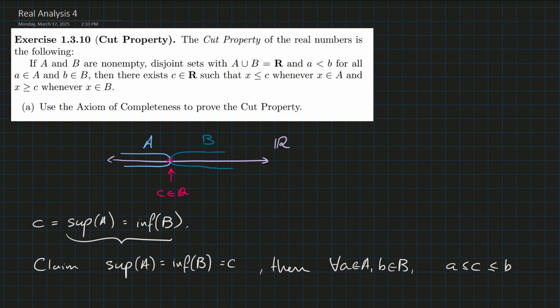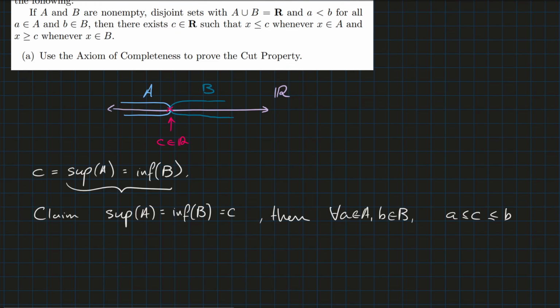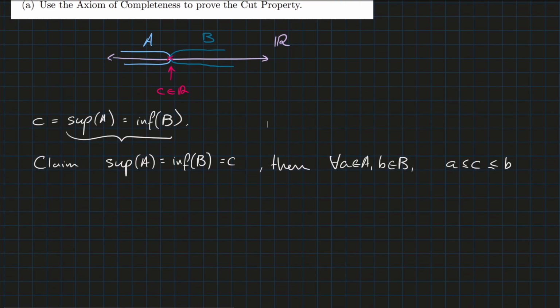So we just have to show that with this setup where the union is R, one is strictly less than the other, and they are disjoint and non-empty, then their supremum and infimum must line up. And then that's going to be a real number by the axiom of completeness. Not too hard to show.